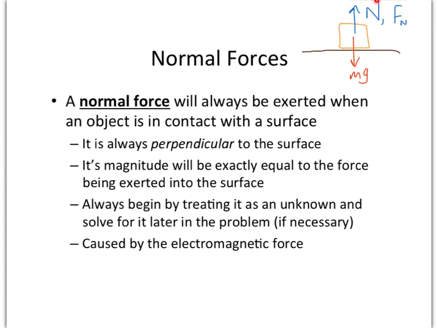The normal force is, first of all, at right angles to the surface, and it is a force that the surface has to apply in order to prevent the box from crashing through the table. We say right here that it's caused by the electromagnetic force. What does that mean?